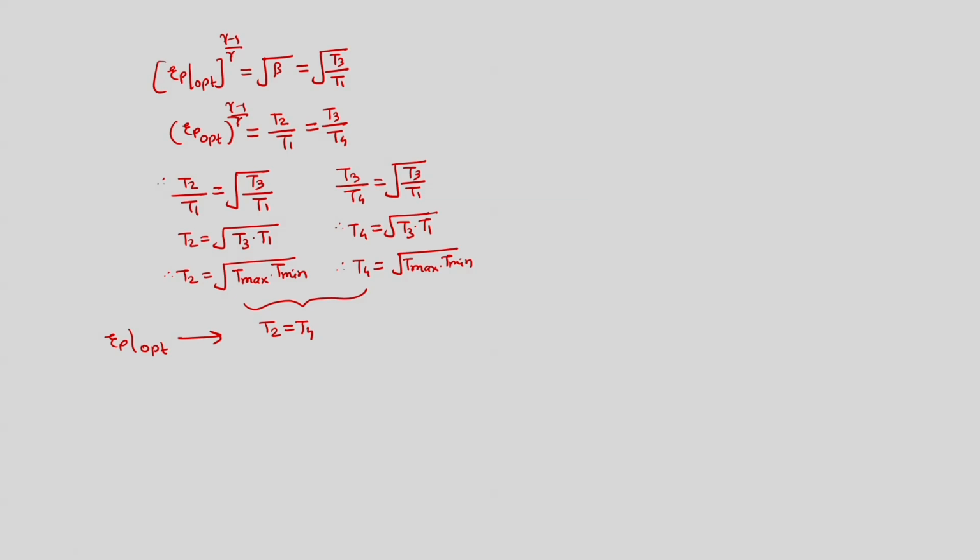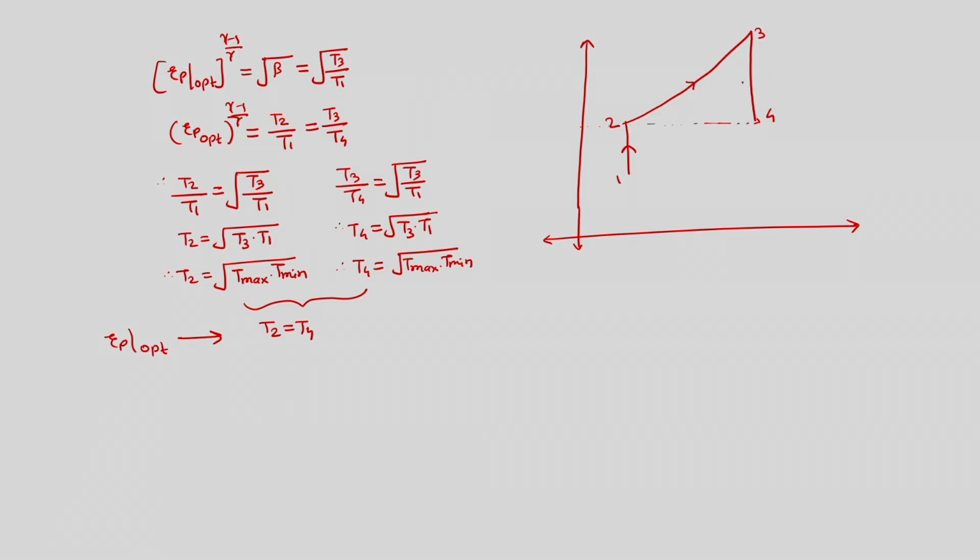So the TS diagram will have 2 points which are at the same height. So this is compression, heat addition, expansion, and then T2 is equal to T4, and then we have heat rejection.